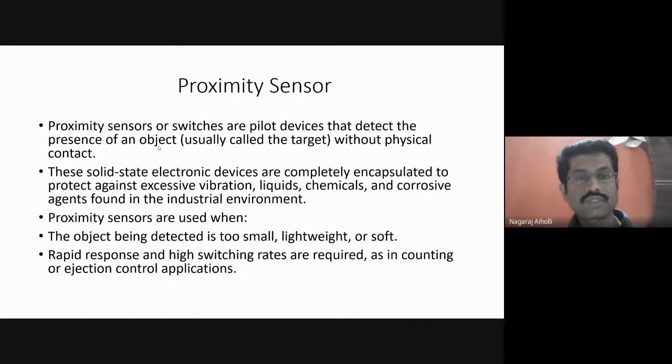These are solid state electronic devices. Proximity sensors are solid state electronic devices. Solid state electronic devices are nothing but semiconductor devices. The name semiconductor means that the conductivity of these materials is in between that of the conductors and the insulators.